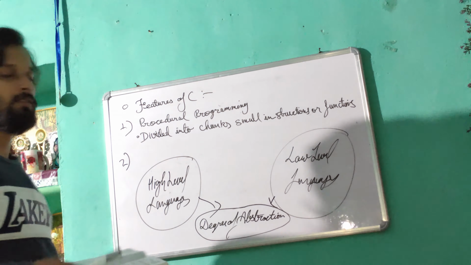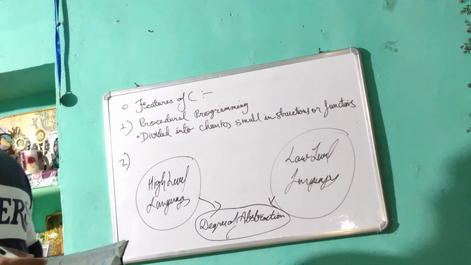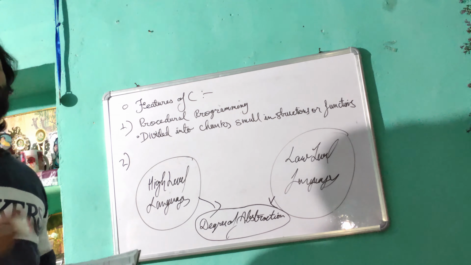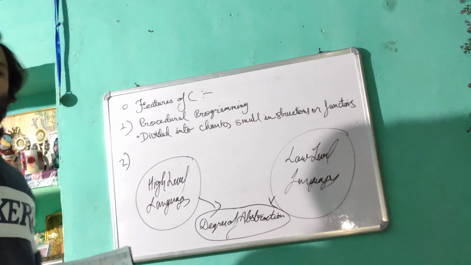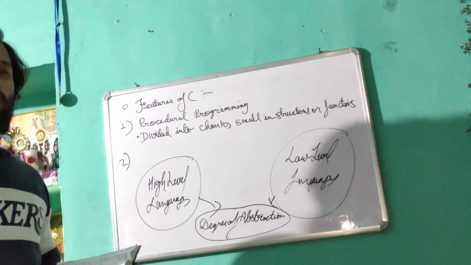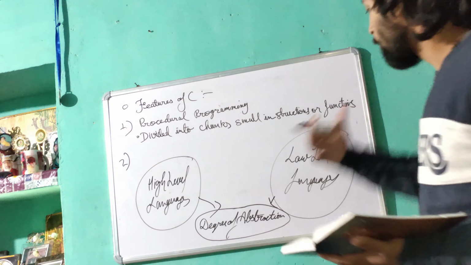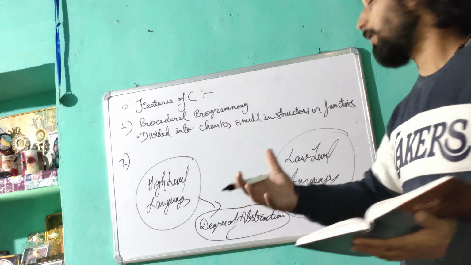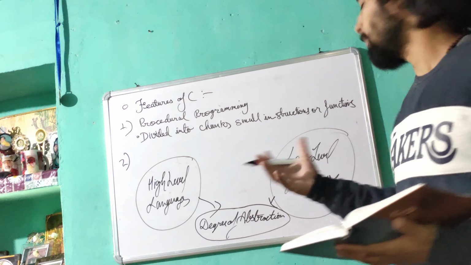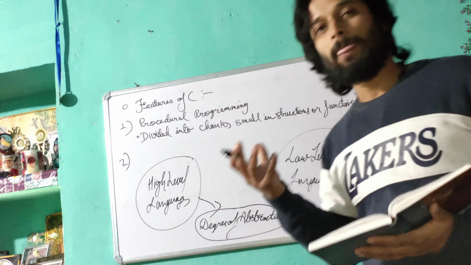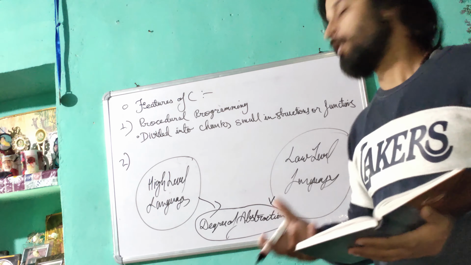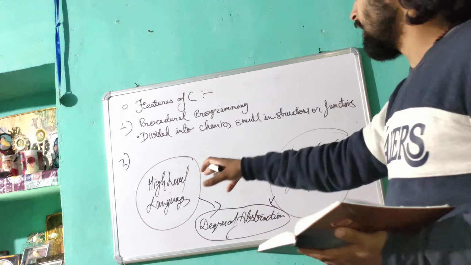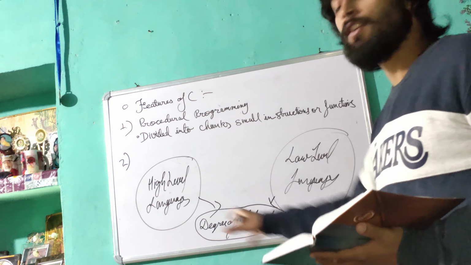High level languages like C++ and Java hide a large portion of the program from the users. The user doesn't need to know how the calculation happened or how the program was compiled. In low level languages, the user needs to know where and how to use the memory locations and where the data is to be stored. So the difference between high level and low level language is the degree of abstraction.